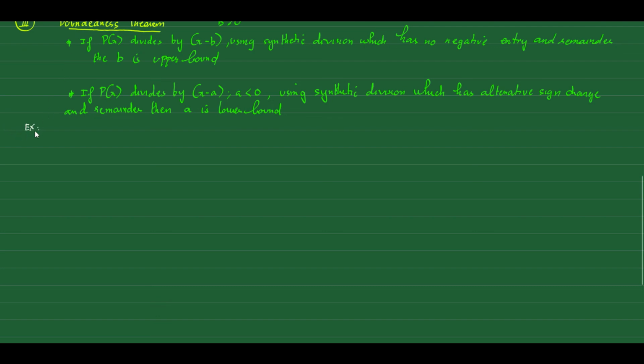What if I give you a polynomial function: x to the 4 minus 3x squared plus 2x minus 5, and we want to show that all real zeros are in the interval negative 3 and 2. Okay, so how do we do this?